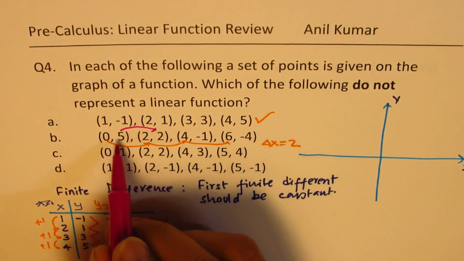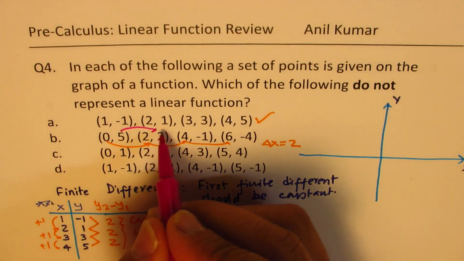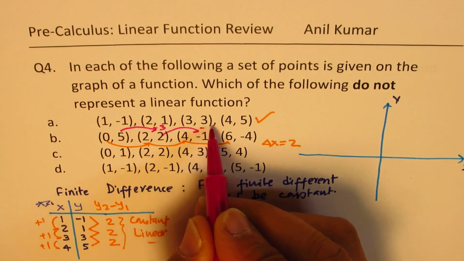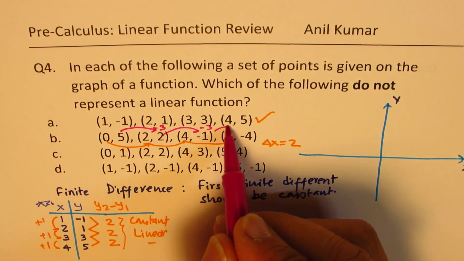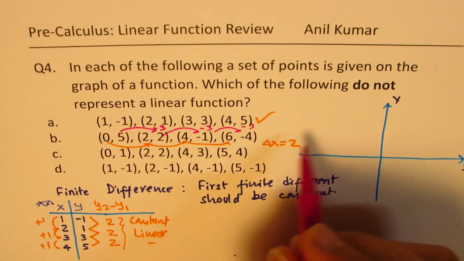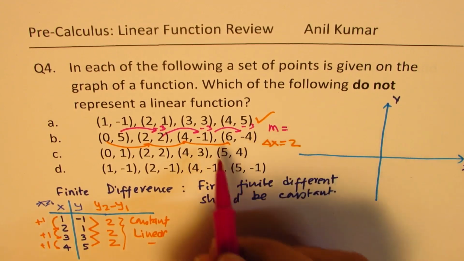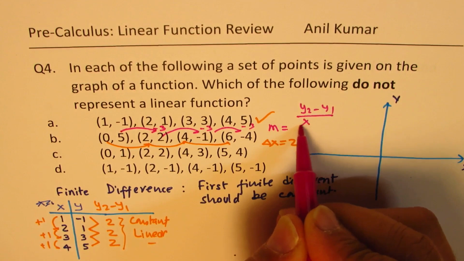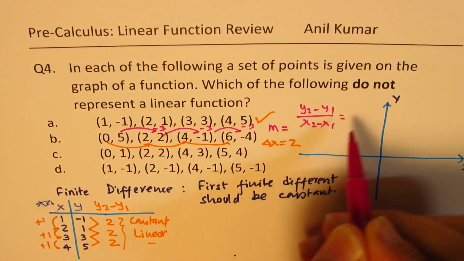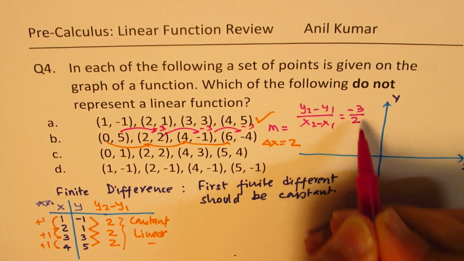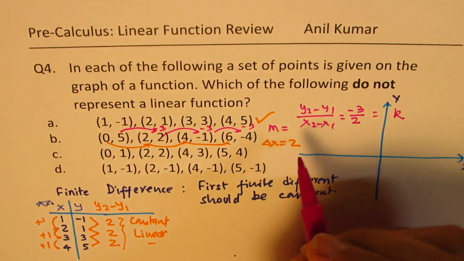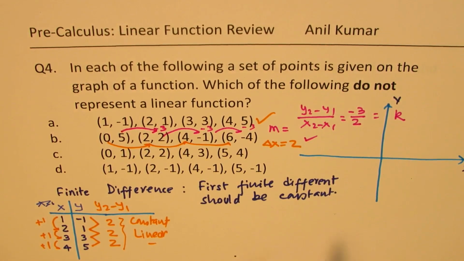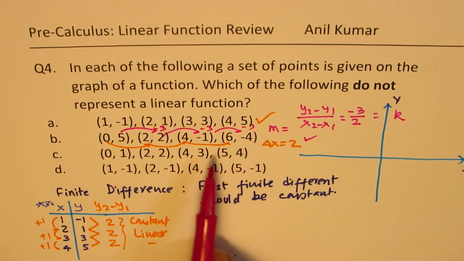Here we increase by minus 3, and again minus 3. We know that the slope is y2 minus y1 over x2 minus x1, so it is minus 3 over 2, which is a constant. So this is also linear. Is that clear to you?